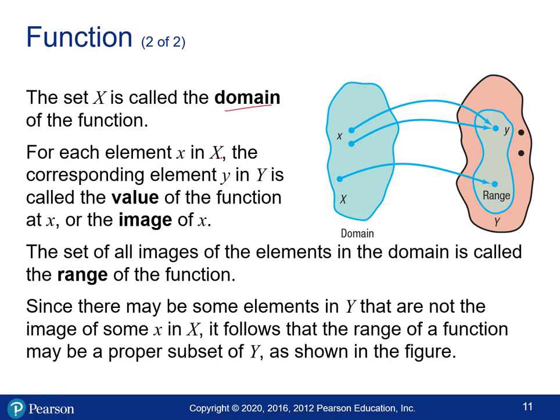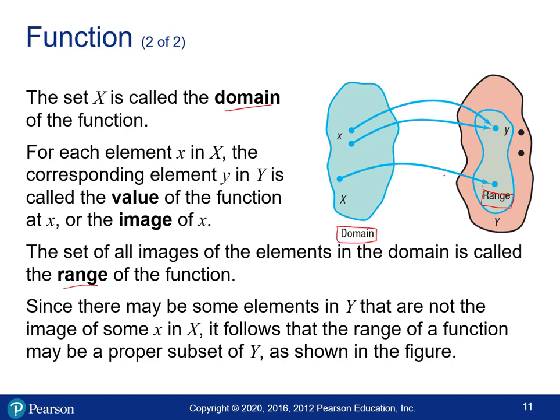All right, let's talk a little more in detail about domain and range real quick. There's quite a bit here, but what I want you to focus on is that domain is input values, what you plug in, and range is the outputs. There's also this term called the image of x. That's just saying that if I have something in the range over here, it is the image of where it came from in the domain.